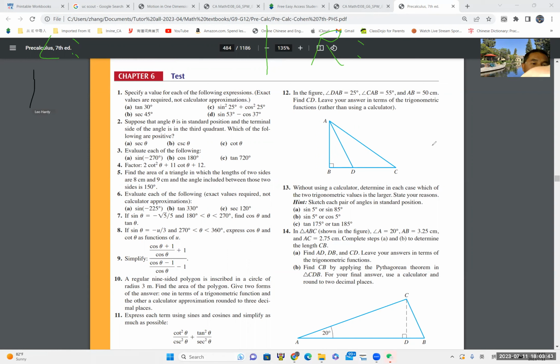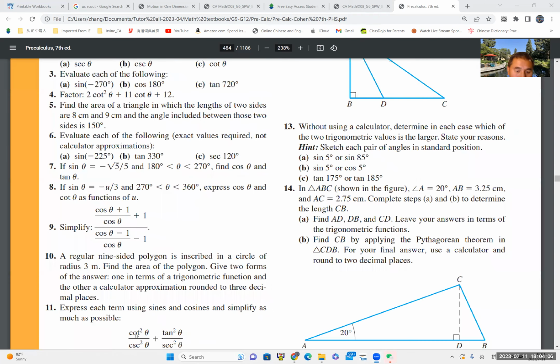Neil, right, for 10. Then Ray, how about you? I also don't know how to do this one. 10? Yeah, 10. Any more, or just 10? Just 10, right? Okay, anyway, let's go to question 10.